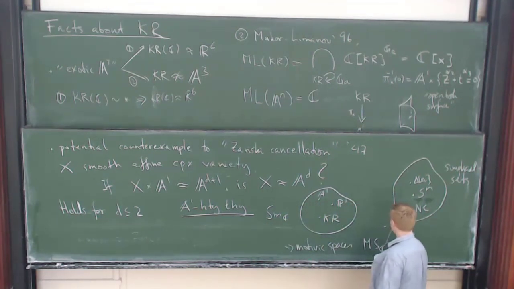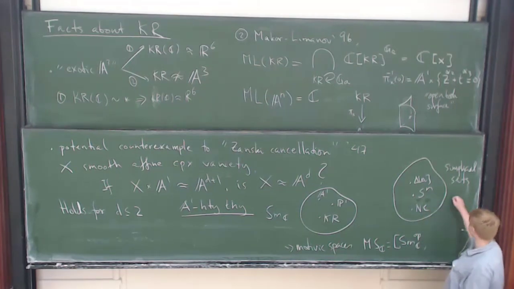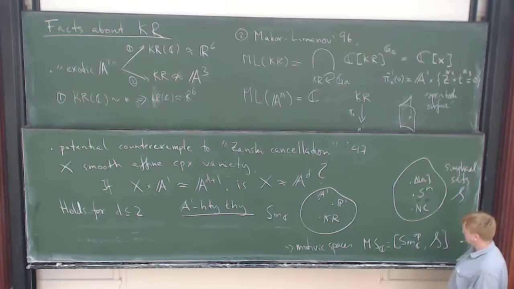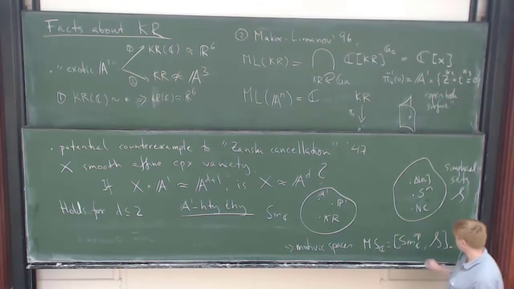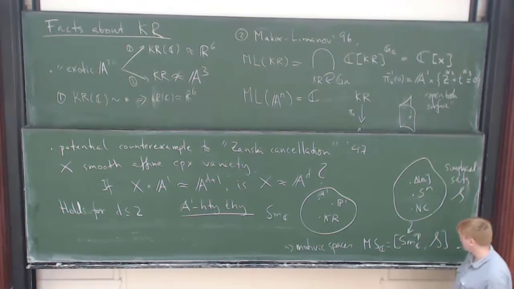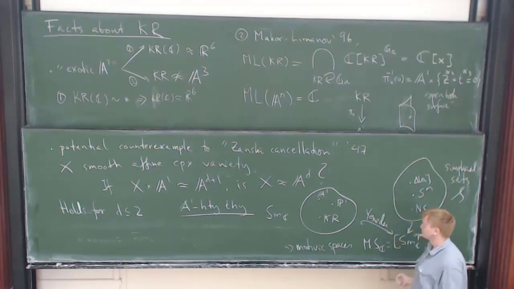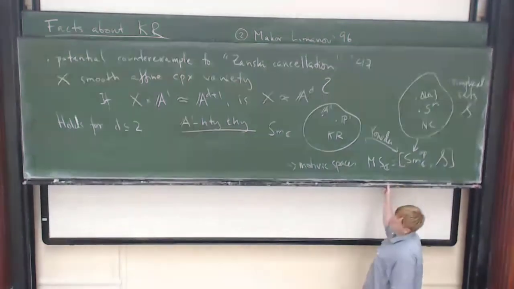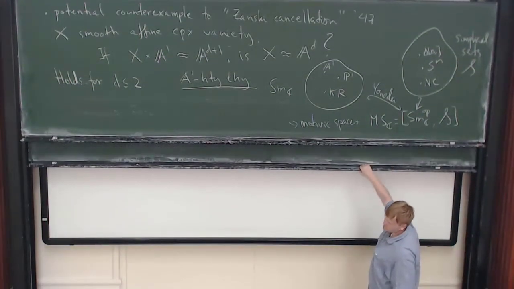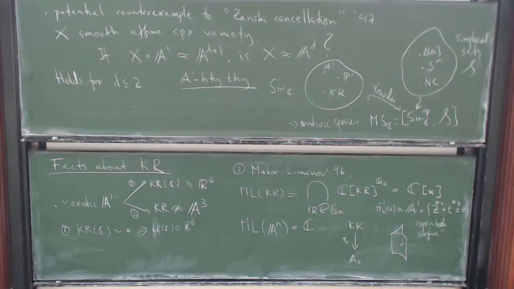Motivic spaces over C are defined as contravariant functors from smooth schemes over C into simplicial sets. And then there are functors in here from simplicial sets. A simplicial set can just be viewed as a constant motivic space, and here we have the Yoneda embedding. So of course the thing that we're really interested in are smooth schemes, and we want to try to study them by just putting them into the same category as simplicial sets.